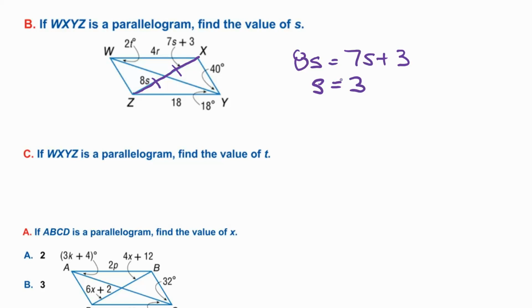Now we want to find the value of T. T is right here, which we know by alternate interior angles would be congruent to 18. So 2T equals 18, and T would equal 9.